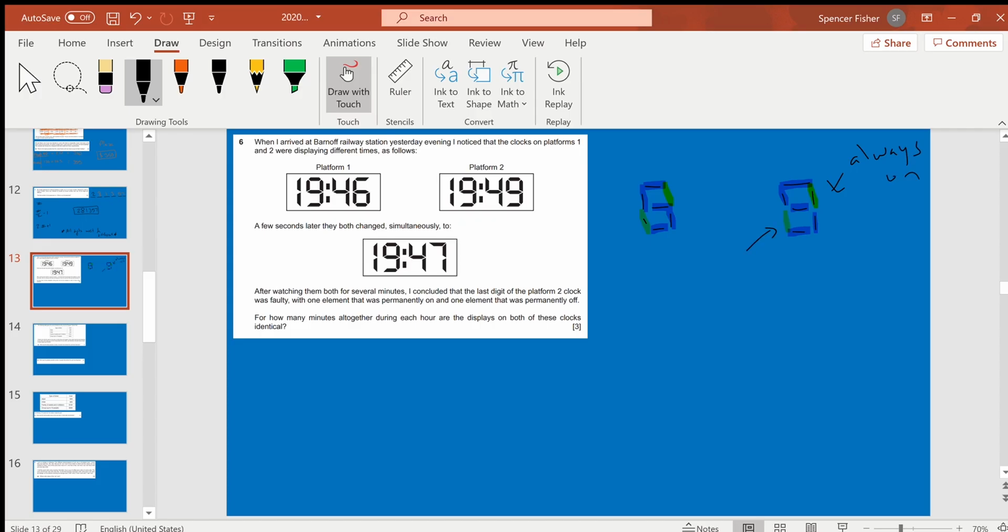This element, it's a fancy L, always off. And so what they want to know is how many minutes altogether in each hour are the displays on both of these clocks identical. So what you're going to have to do is figure out where each of these are accidentally correct.